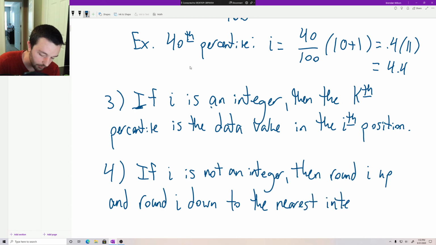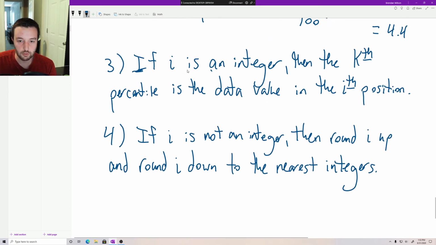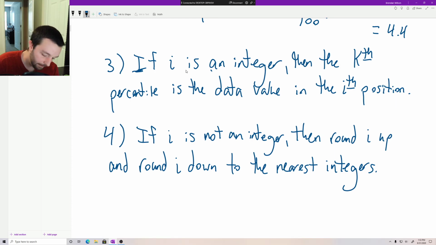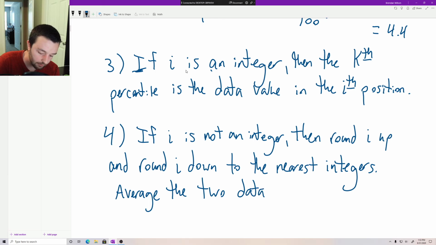Okay. So if we rounded 4.4 up, we would be at 5. If we round 4.4 down, we'd be at 4. And then average the 2 data values in these 2 positions.